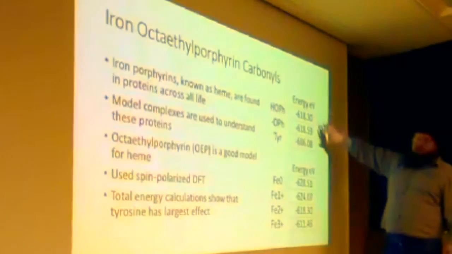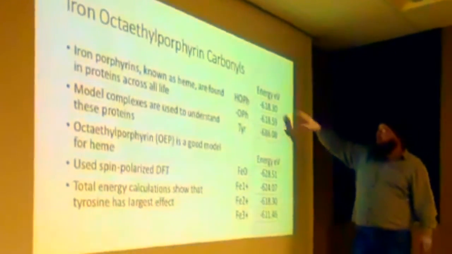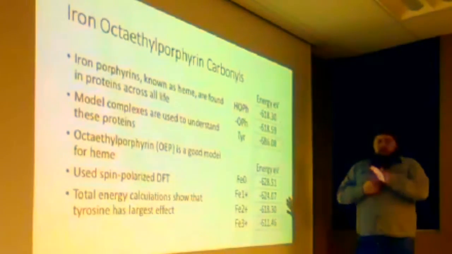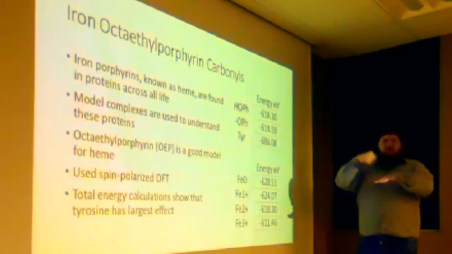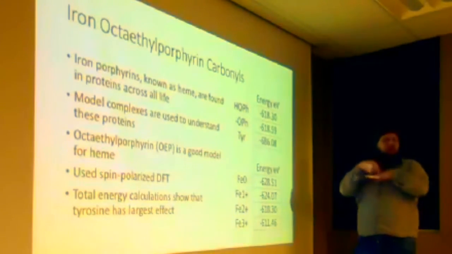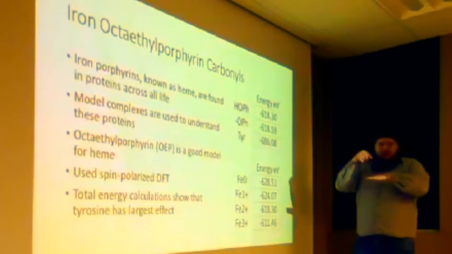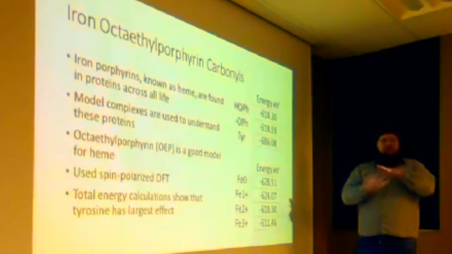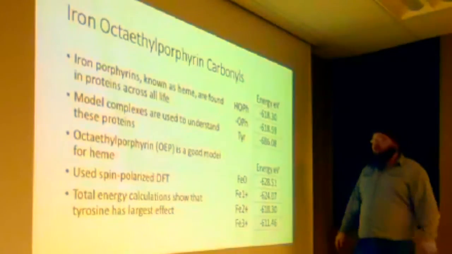So over here, we can see the energy in eV as calculated by DFT, where the phenol is ligated to the iron porphyrin with the carbonyl on the opposite side. Carbonyl is just there to make sure that it's A, low spin, because it's a very strong field ligand, and B, just a fixed ligand there so that the iron is in an octahedral electronic geometry.